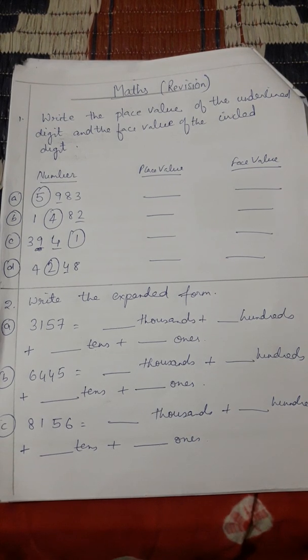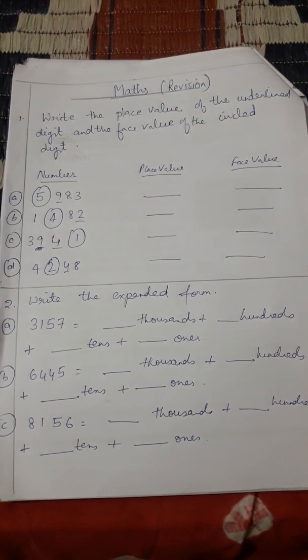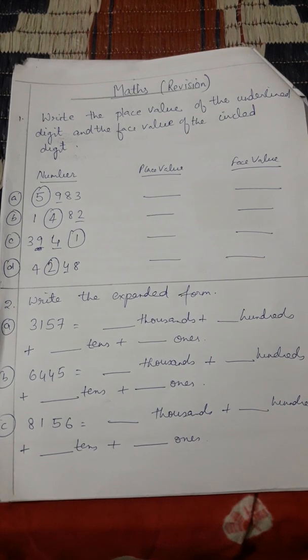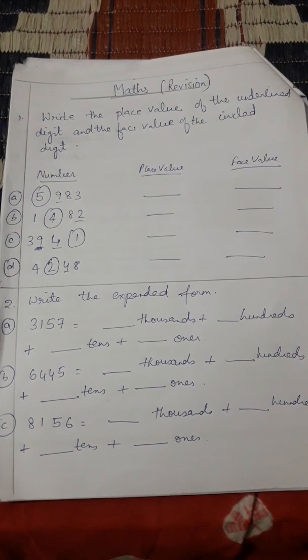First, let me do some revision work. What is place value? The place value of a digit depends on its place or position in the given number in the place value chart.